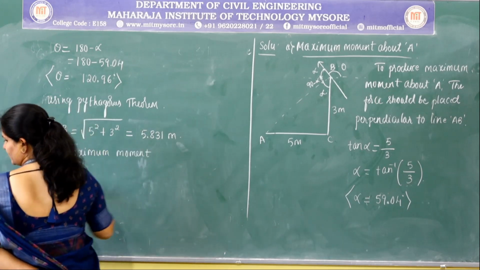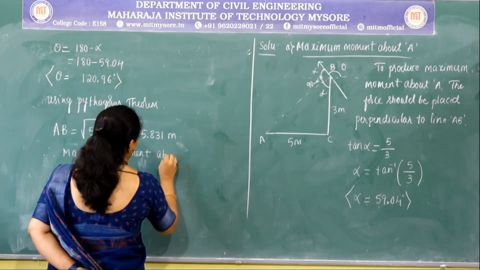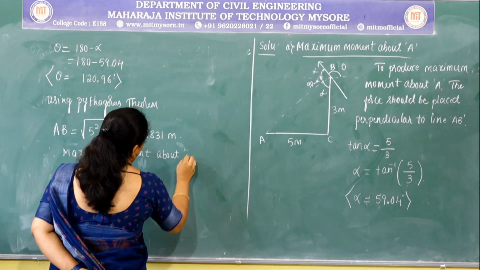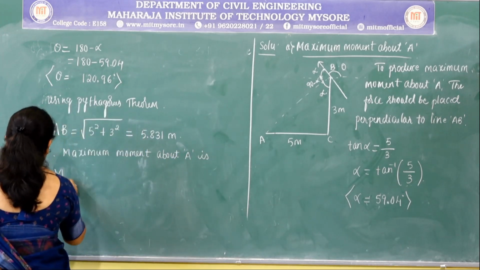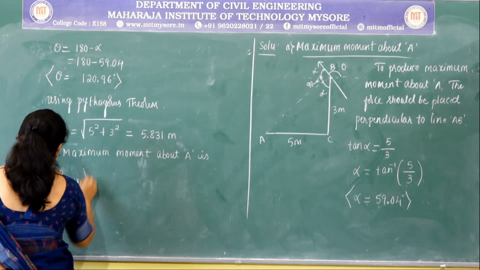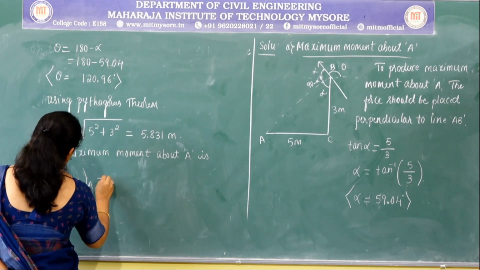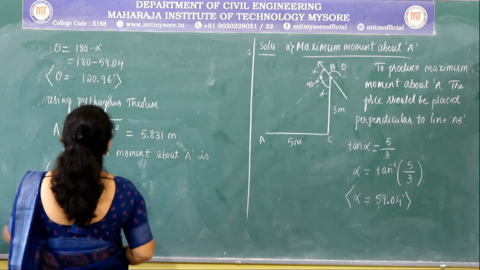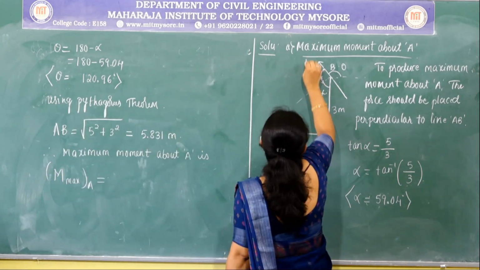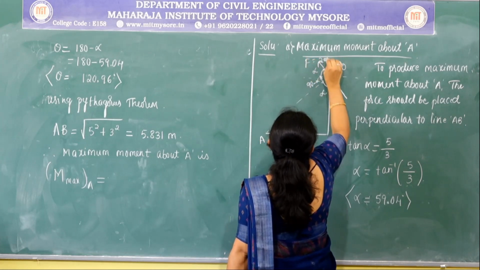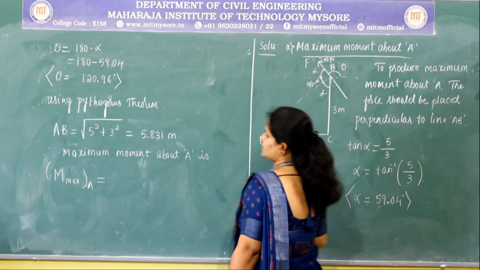Now therefore the maximum moment about A is the force multiplied by its perpendicular distance. So this F is equal to 200 Newton.